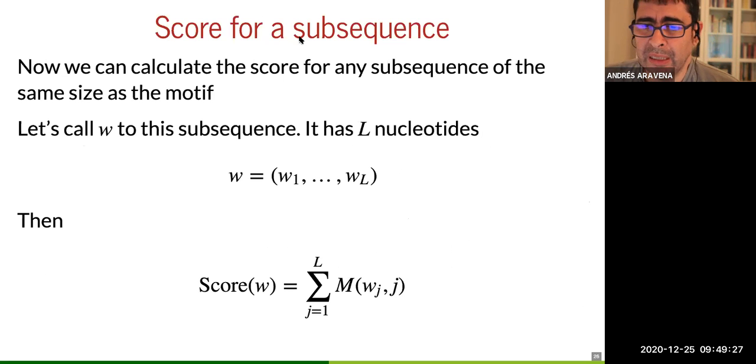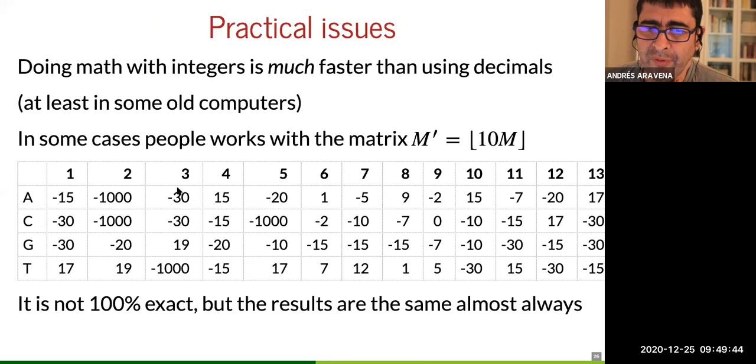Tamam? So essentially the score is very easy to calculate. You have this matrix, and for every column you take the value, let me explain here. For example, let's say that you have something that starts with TCGA.